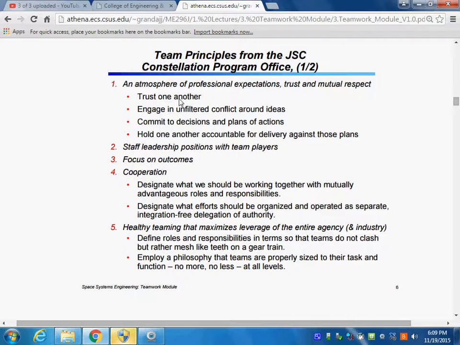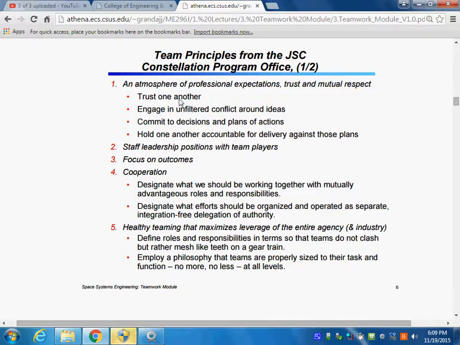Here is an example: for the JSC Constellation program, for developing this team, these were the principles. The Constellation program is one of the new proposals for going back to Mars. So these are the things they set up in a couple of slides. Set up an atmosphere of professional expectations with trust and mutual respect, trust in one another.